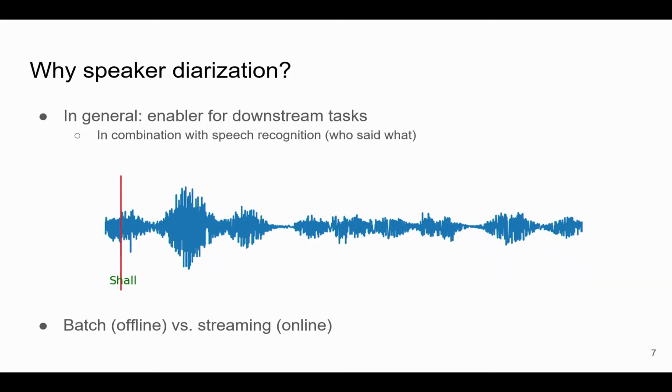But the other approach is that you have the whole recording and you process it all at once. Both of them are valid, and depending on the type of application, you might be interested in one or the other. For the rest of the presentation, I will be mainly focusing on the offline or batch application. There are certain things you need to take into account if you want to do streaming diarization, but I will not be touching on those today.